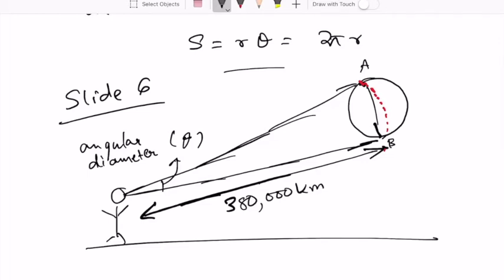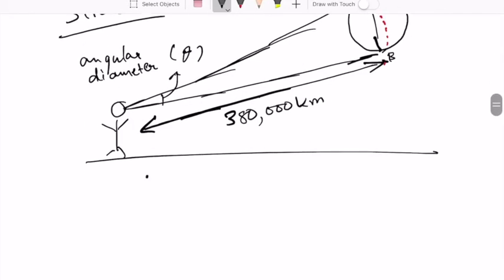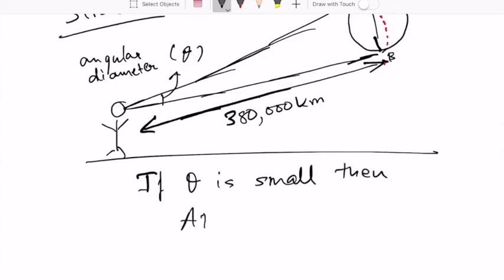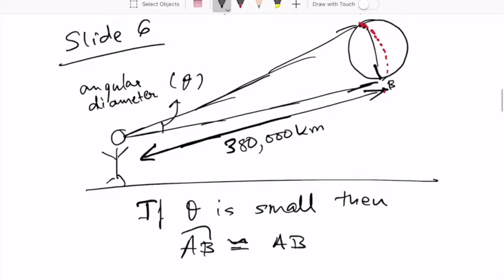So if theta is small, then the arc AB is approximately the same as the actual distance connecting the points A and B, which is the diameter of the moon, right? A straight line distance between A and B, which is the diameter of the moon.